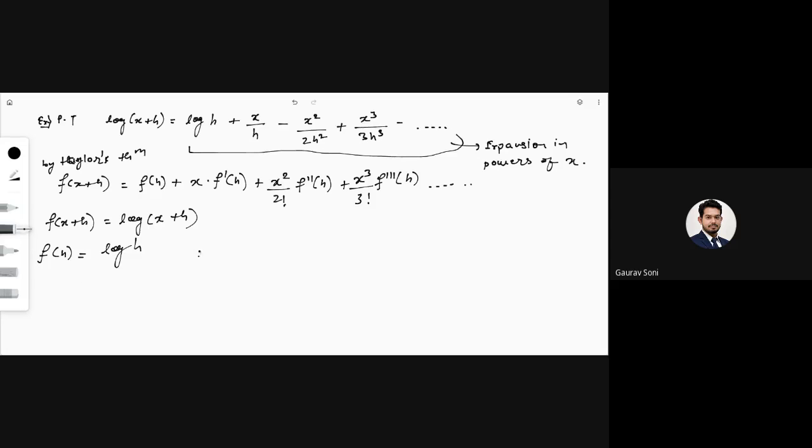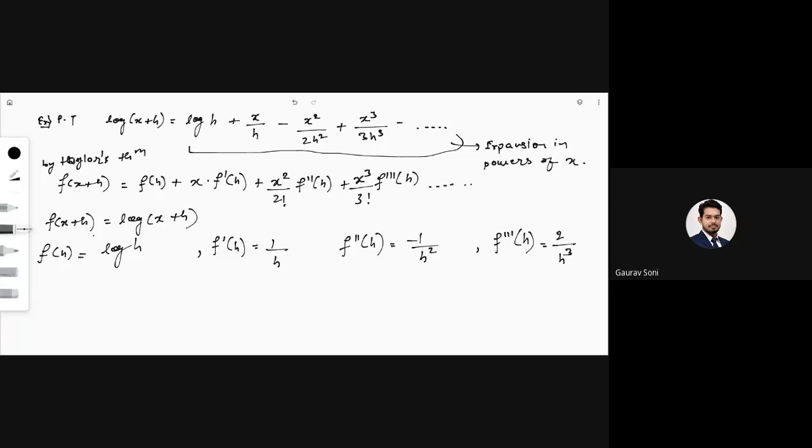What is f dash of h? 1 by h. f double dash of h is equal to minus 1 by h square, and f triple dash of h is equal to h raised to minus 2 will make this 2, h raised to minus 3, 2 by h cube.